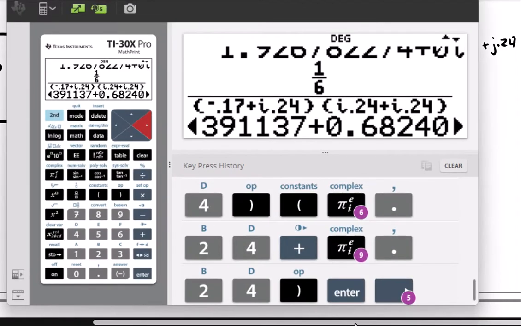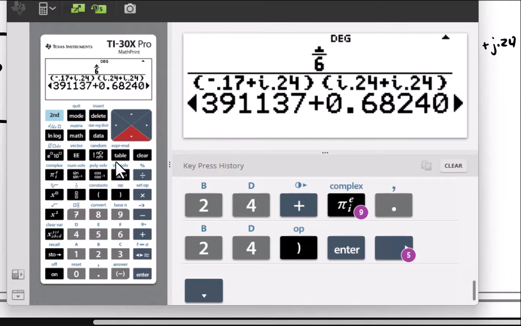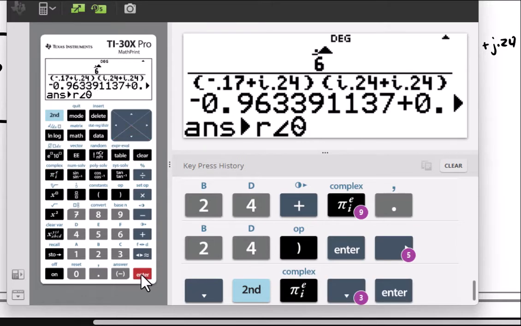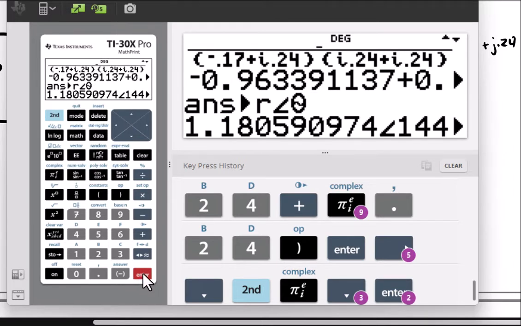So here I have my answer, and I want to convert that to polar. There's a complex menu here, so second complex, convert to polar, gives it in r theta form, and that tells me that there's two ways to write this. I'll show you both ways.